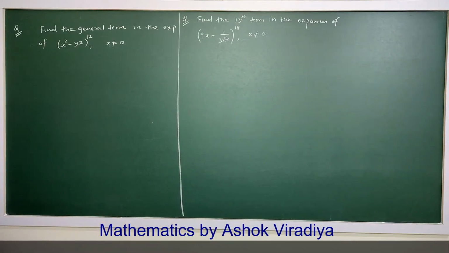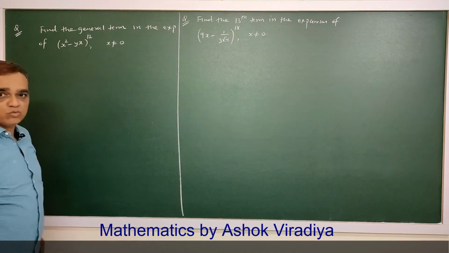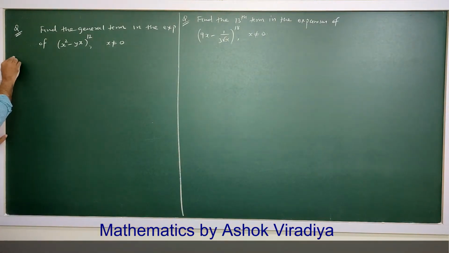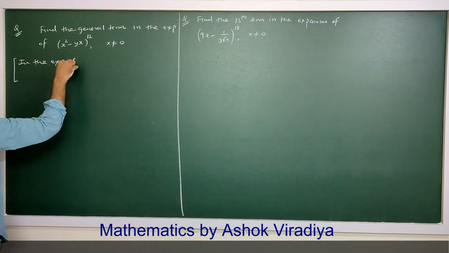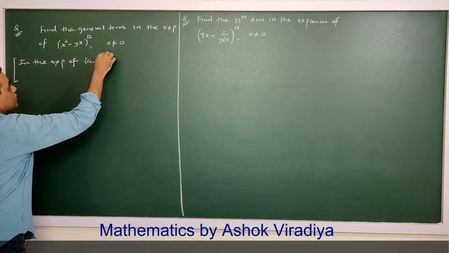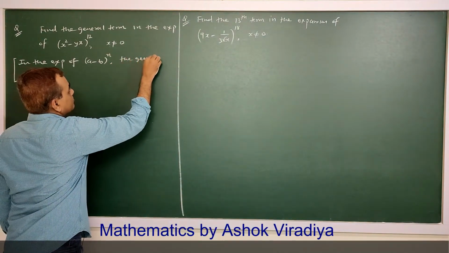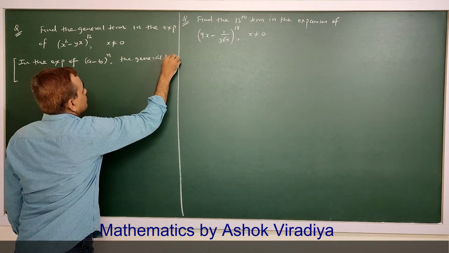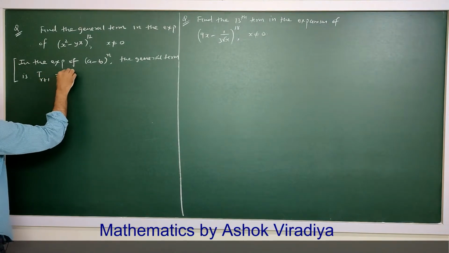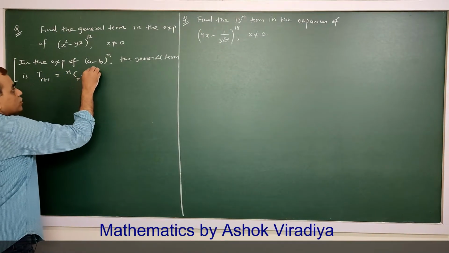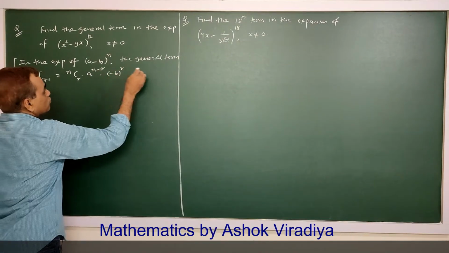Now see here, find the general term in the expansion of (x square minus yx) whole raised to 12. Say, in the expansion of (a minus b) raised to n, the general term, the r plus 1th term, is nCr a raised to n minus r into (minus b) raised to r.